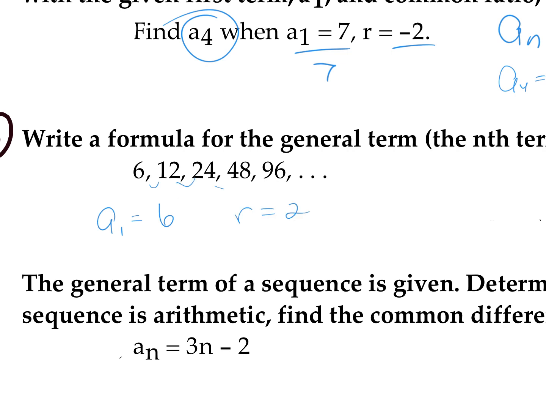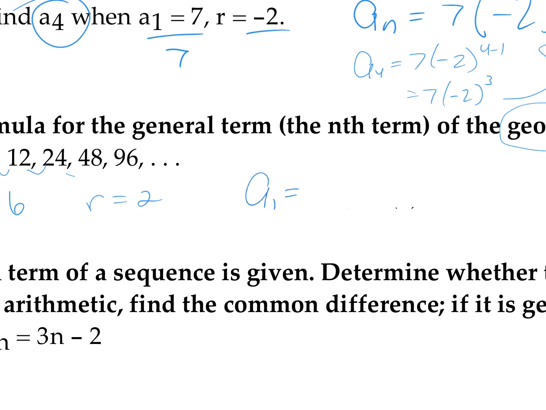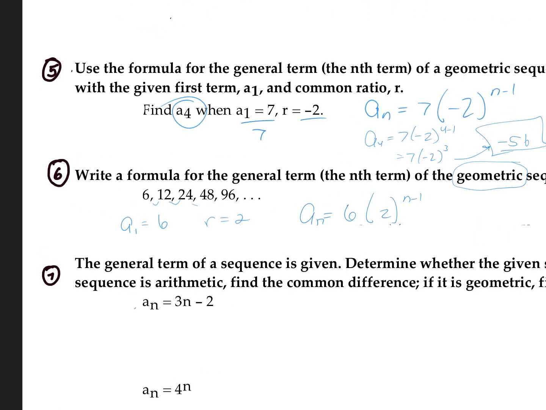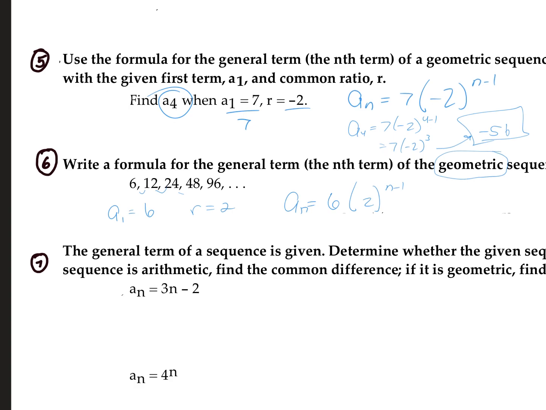Again, if you don't just see that, take any of the terms, 48, divide it by 24, divide it by the one in front of it, and it'll tell you. So your rule here would be a sub n equals first term of 6 times 2 to the n minus 1. And then if they ask you for the 974th term, you plug in 974 where? For the n. Okay, good.